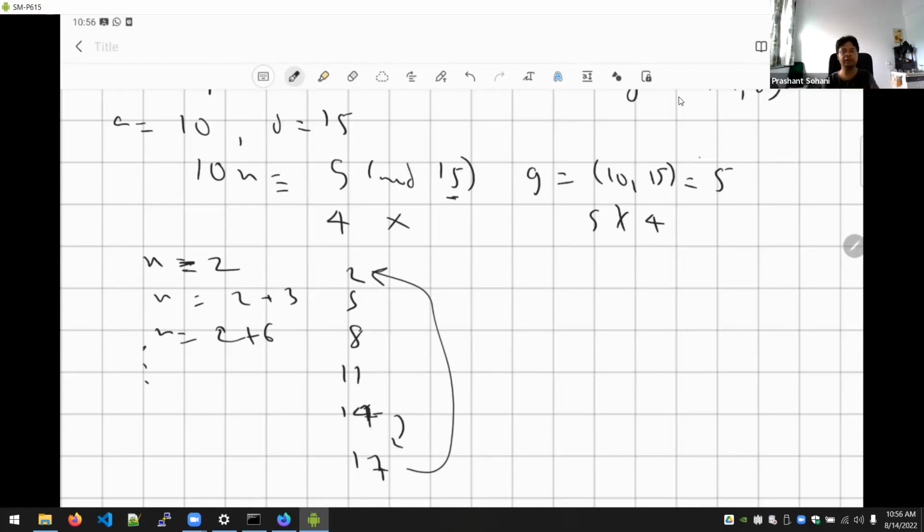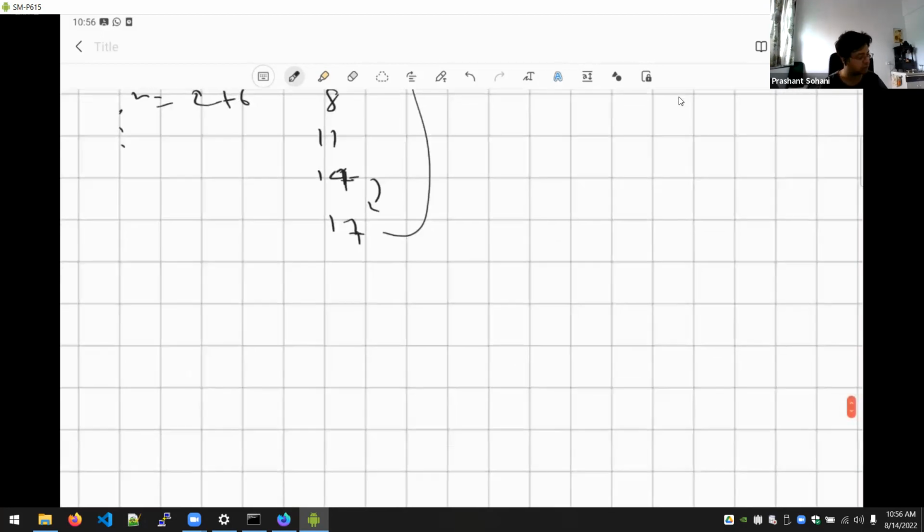Okay, so this was how we deal with a single equation, ax congruent to b modulo d. But now for the Chinese remainder theorem, we want to deal with the entire family of such equations. So now let us say that you are given a1, b1, d1, and a2, b2, d2, all of them integers, and d1, d2 are non-zero.